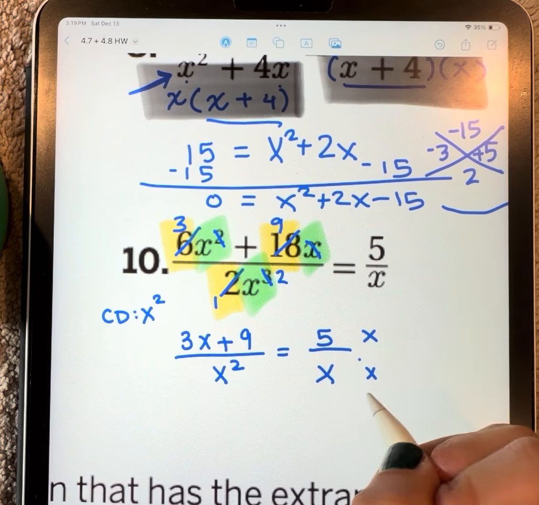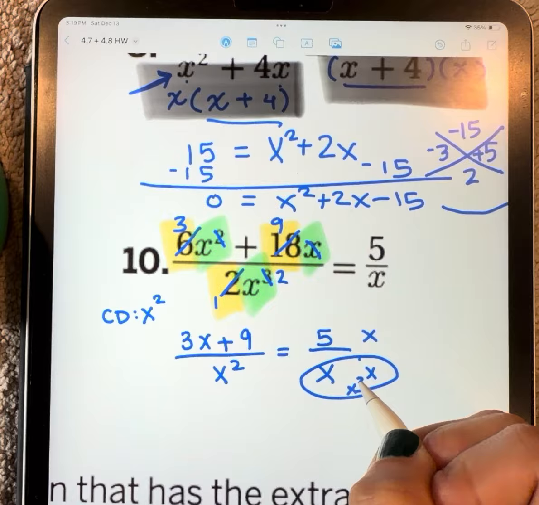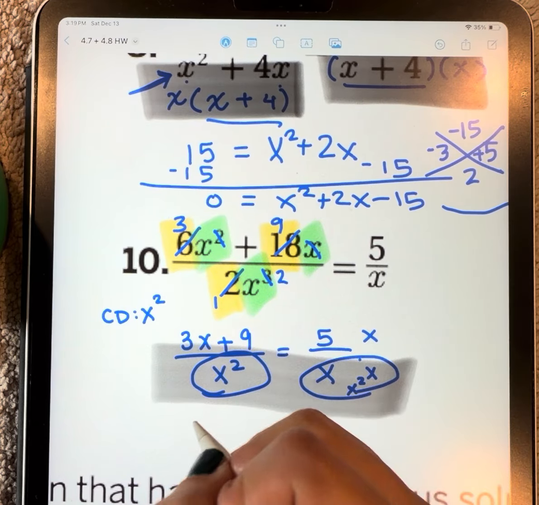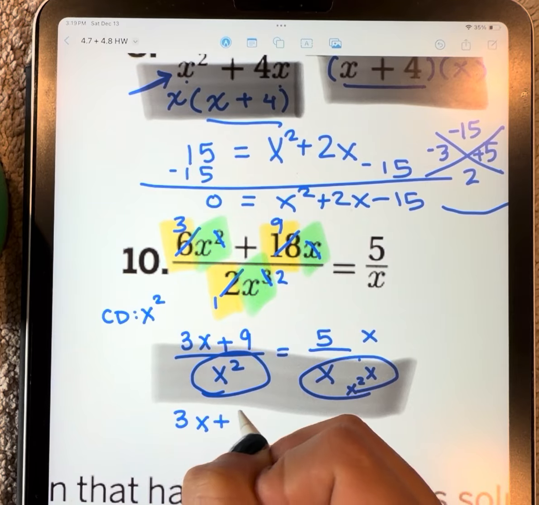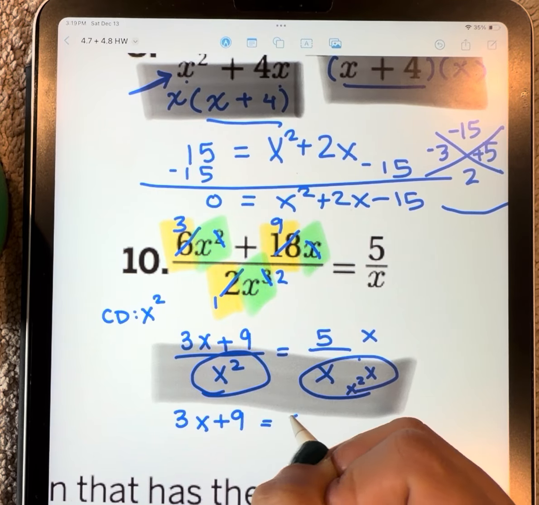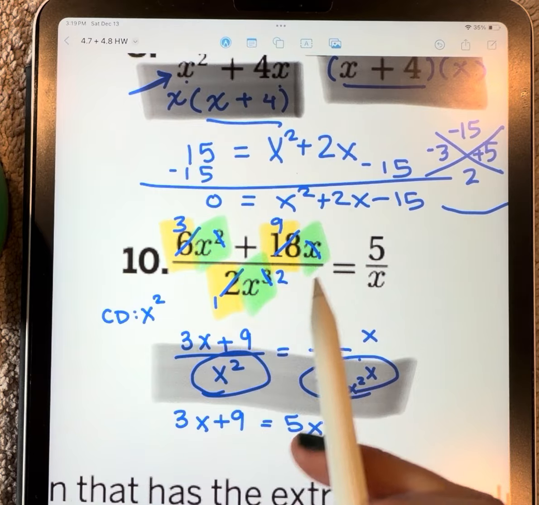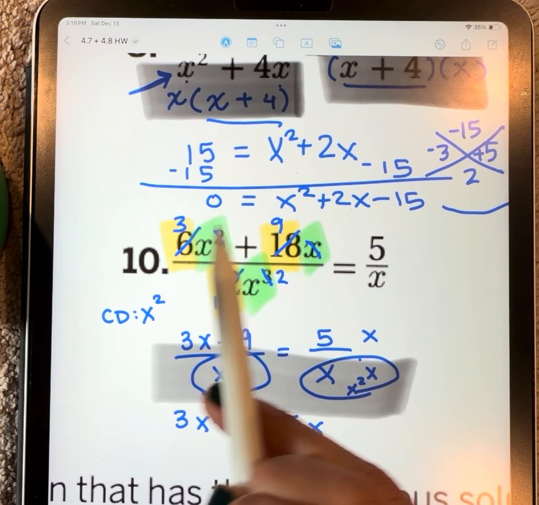And so now this denominator is x squared and this denominator is x squared, so I have a common denominator. I'm going to forget the common denominator and focus on my numerators, which is just 3x plus 9 equals 5x. And I hope you can see, if you earlier were going, but that was so much work.